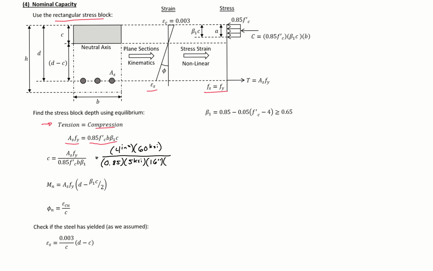So our beta 1 we can find using the expression shown here from ACI, which will be equal to 0.85 minus 0.05 times 5 KSI minus 4, which will equal 0.8, and this is greater than 0.65, so we know our beta 1 value.